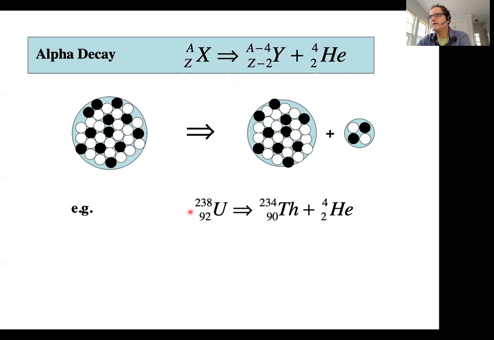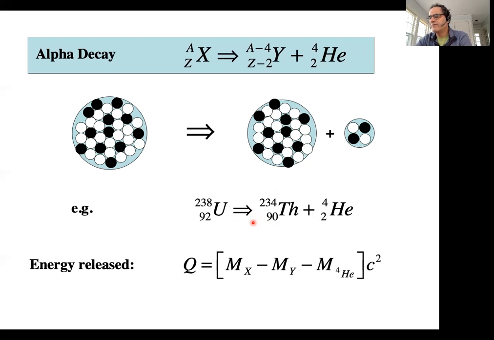So, for example, one alpha decay reaction is the decay of uranium-238 to thorium-234 plus a helium nucleus. Okay?